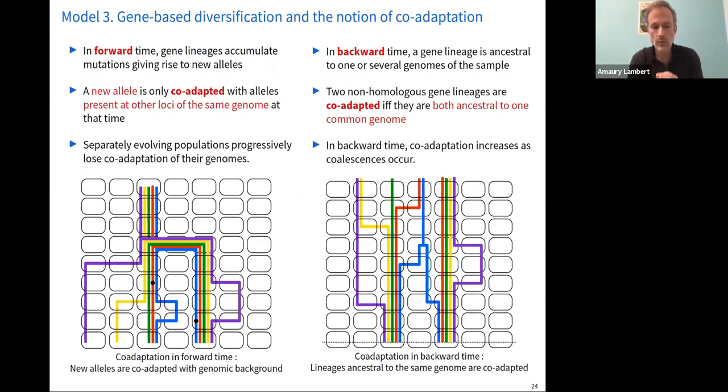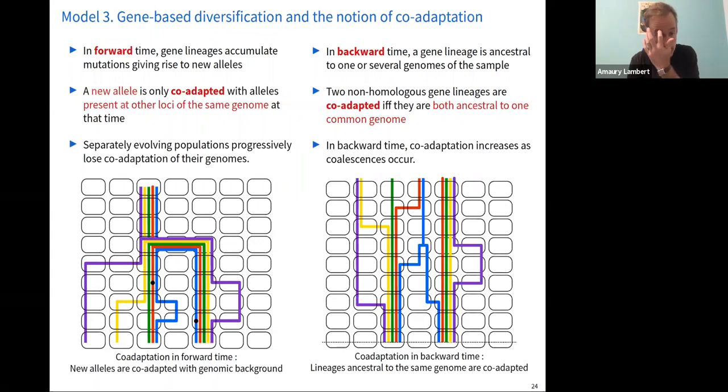And how do we keep the information about co-adaptation? We assume that a new allele arising in one genome, on one gene, is co-adapted with all the alleles that are present in that genome, but not with the alleles that are present in other genomes, okay?